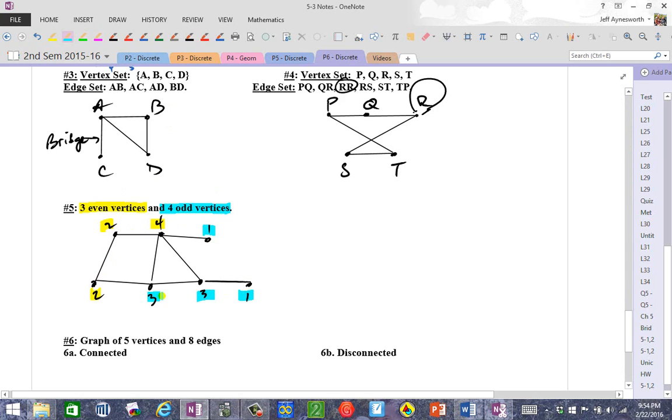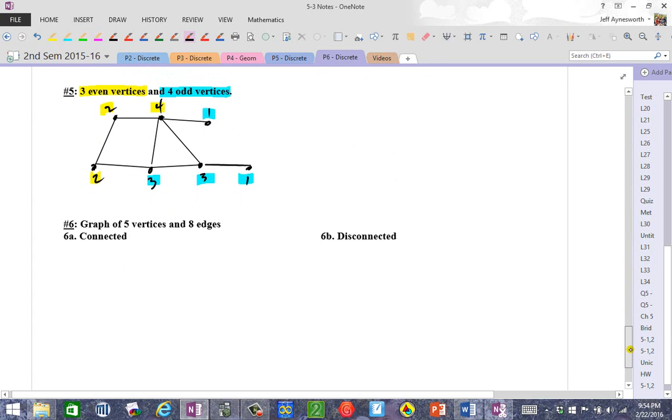Okay, so you just get creative here and create a graph given the information. That's all you do. And experiment. It's not that hard. You just got to go for it. 5 vertices with 8 edges, and you want to show it's connected. Let me spread these out a little bit.